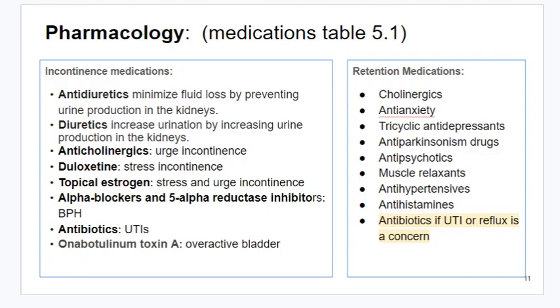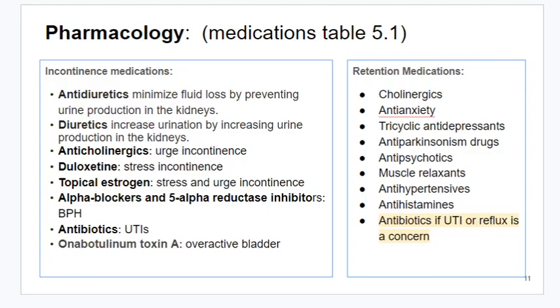Some retention meds do include cholinergics, some anti-anxiety meds. As you can see, there are a lot of antidepressant type drugs, or almost psychiatric meds. So if you notice, these aren't just meds that work with the kidneys. Probably the main common theme about these retention meds is to think of these drugs as drying your system out.